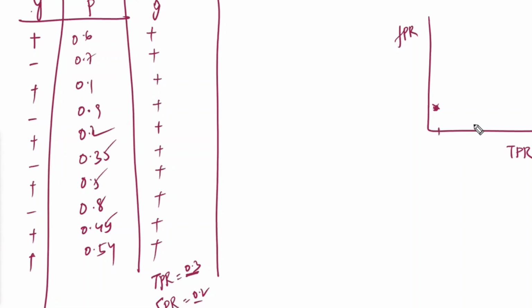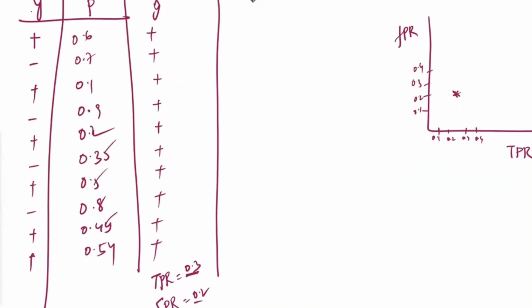Wherever the x value is 0.3, with y equal to 0.2, keep that one point. Assume the axes are 0.1, 0.2, 0.3, 0.4, something like this. Now 0.3 versus 0.2 is the first point. This is the threshold of 0.1.